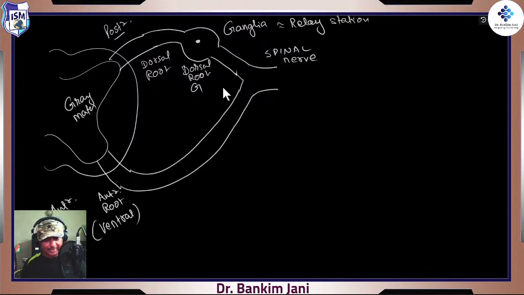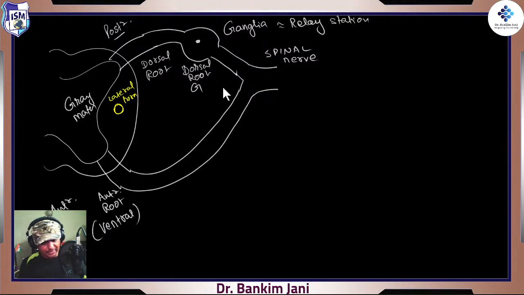Right? But had the things been so simple, then there is no fun in it. Now starts that autonomic nervous system. They have got this lateral horn, right? It is lateral.